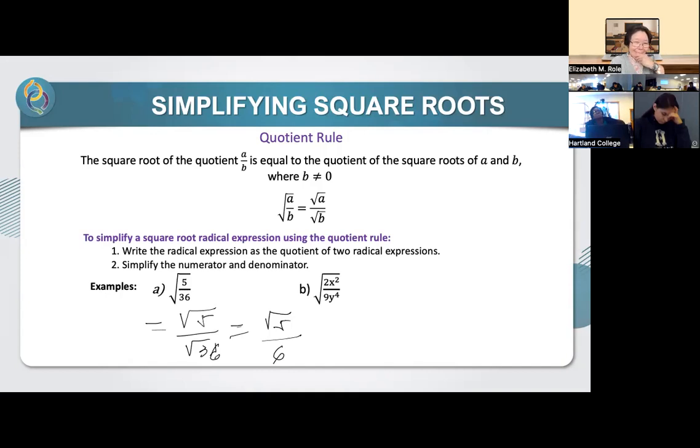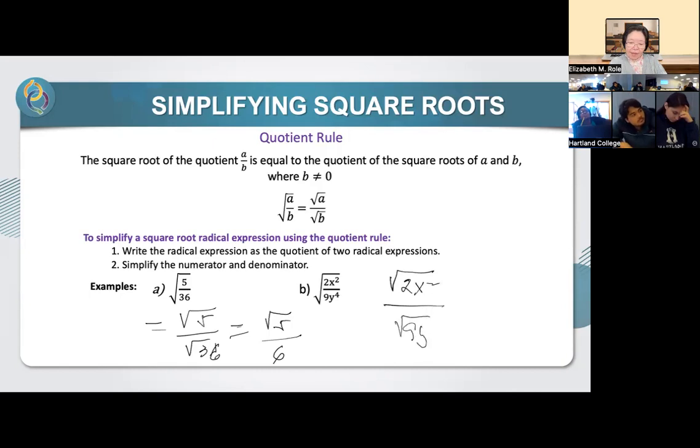Is it not going to be 2x? Oh, no. Yeah, 2. The 2 will be under the radical. All right. So you separate. You now have 2x squared over the square root of 9y to the 4th.